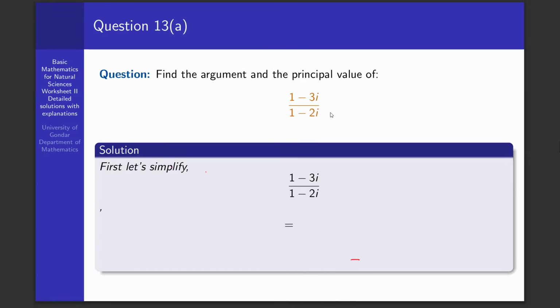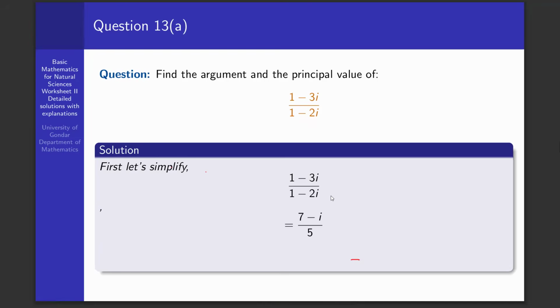Therefore, when we multiply both the numerator and the denominator by the complex conjugate of the denominator, which is 1 plus 2i, we have this one, that is 7 minus i over 5. This is 5 because it is the square of the norm, or the product of this complex number by its complex conjugate.